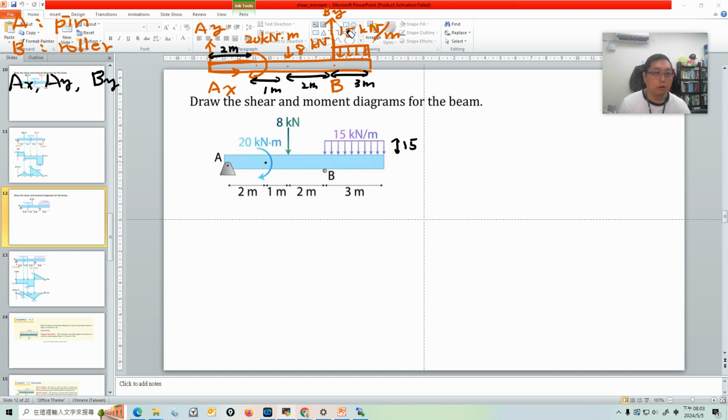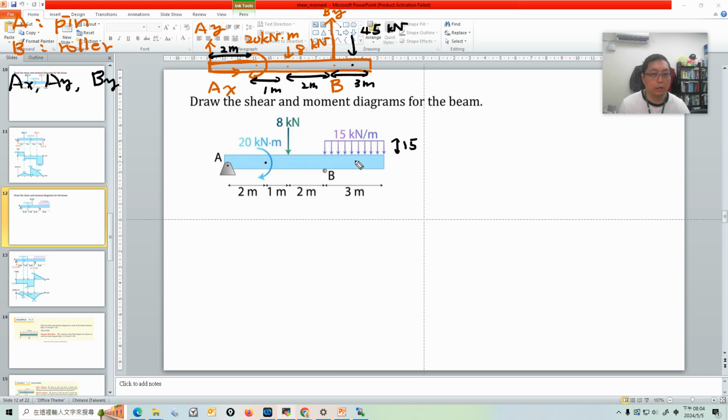So we have to erase this. It's 45 pointing down. And the position of the resultant force is right at the centroid of this distributed load.